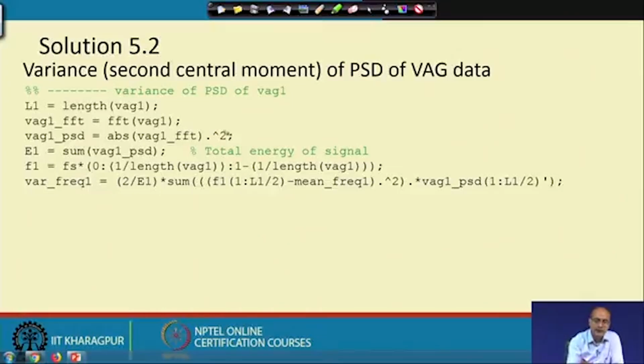So, same way we compute the length, we compute the FFT and we compute the PSD and we compute the frequency axis values.